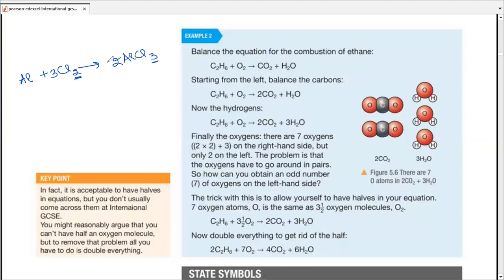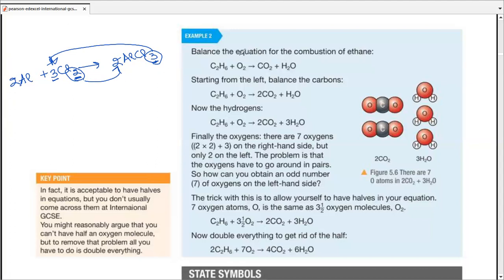It had 3 over here, so I multiplied this by 3. It had 2 over here, so I multiplied this by 2. Get the point? Afterwards, I can simply write a 2 over here. There you go. You balance the equation.